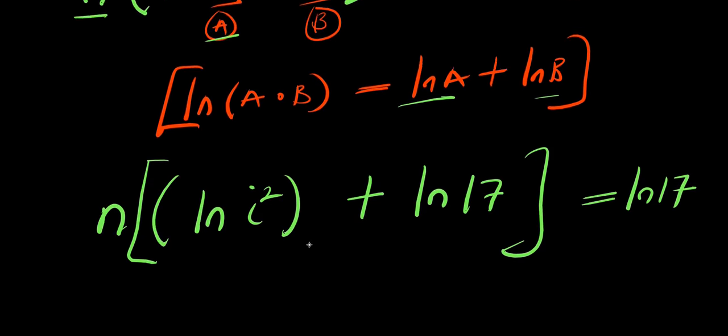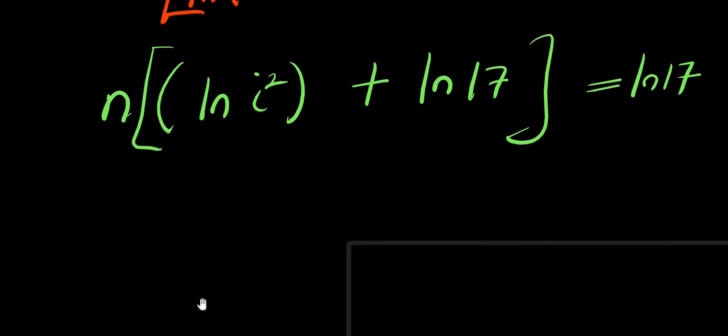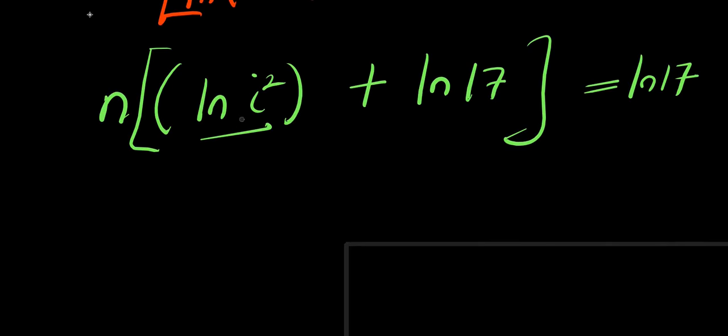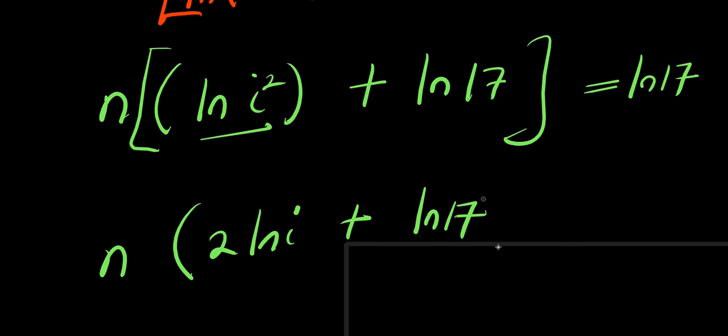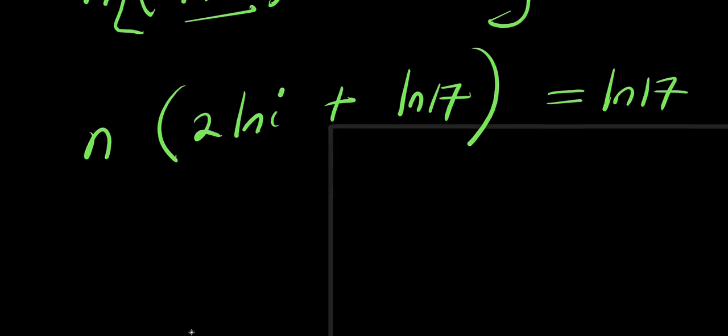Then go back to the same identity here. Natural log a to the power b equals b times natural log a. I can apply that here. That means I'm going to have n times 2 natural log of i plus natural log 17 equals natural log 17. The 2 here comes behind this. What do we do? We isolate n.